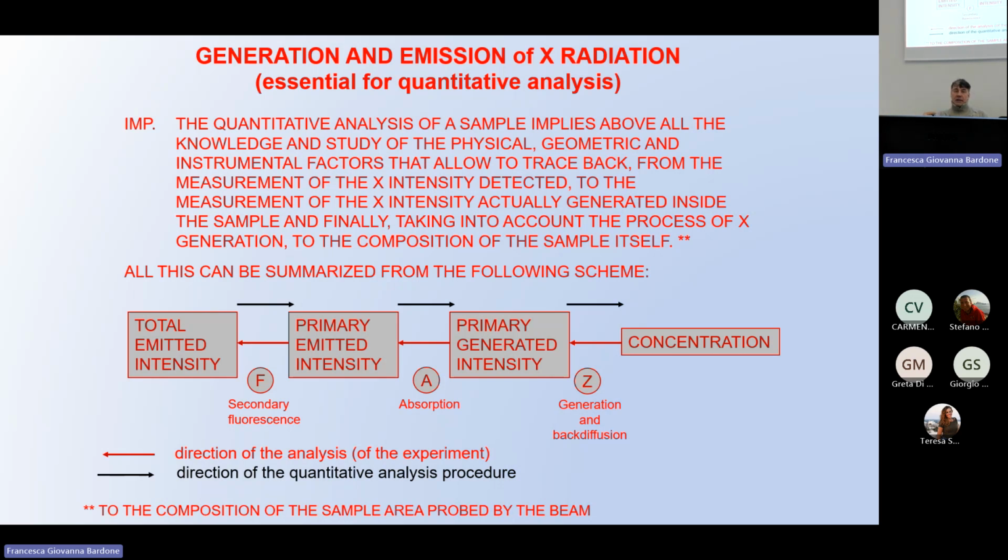But remember, you have your material, which produces ionization. You have all these effects, and you record this. Now you have to come back to get the real concentration of your material using this procedure.